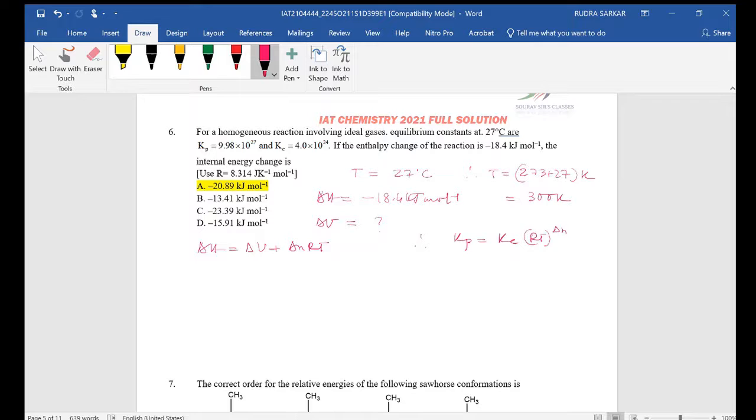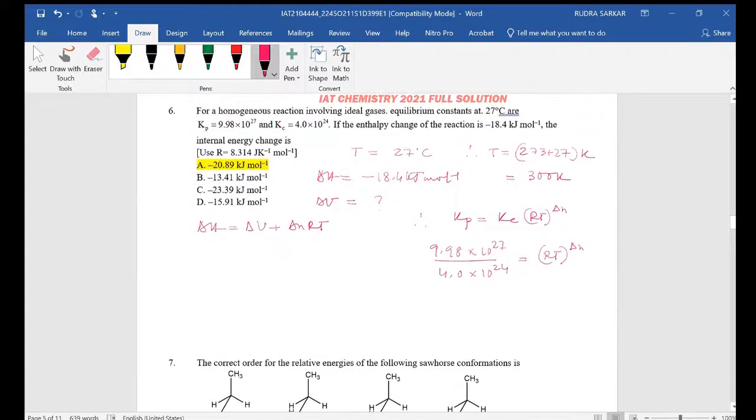Now, what is Kp by Kc? 9.9 into 10 to the power 27 divided by 4.0 into 10 to the power 24, and that is equal to RT to the power delta N. Alright, that is what we know.